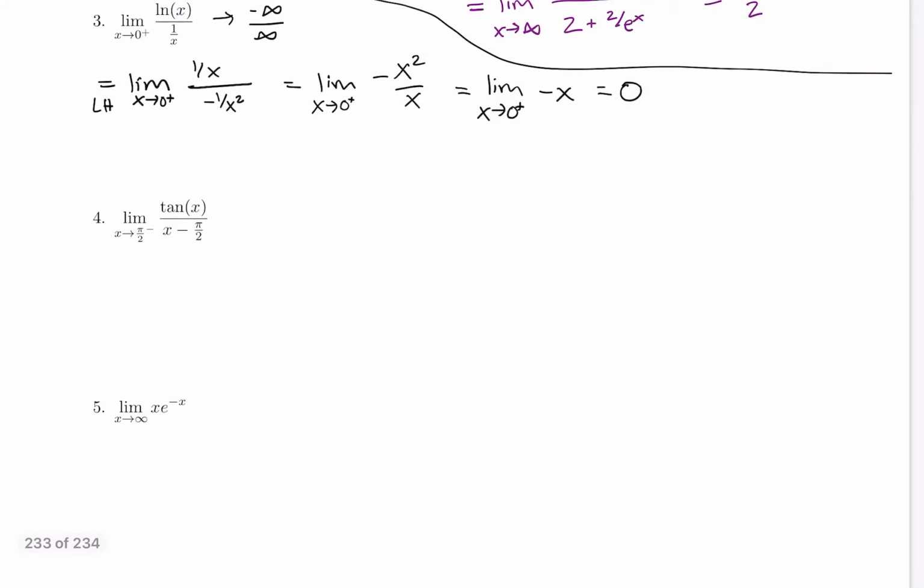Okay, let's do a couple more. So for number 4, if I plug in pi over 2, tangent of pi over 2 is going to be, let's think of that as sine over cosine. And so that's going towards 1 over 0. So that's where tangent has a vertical asymptote.